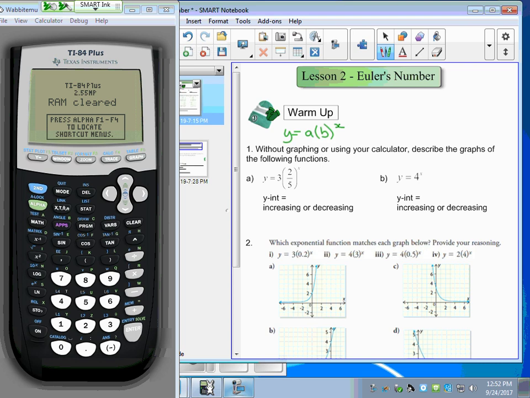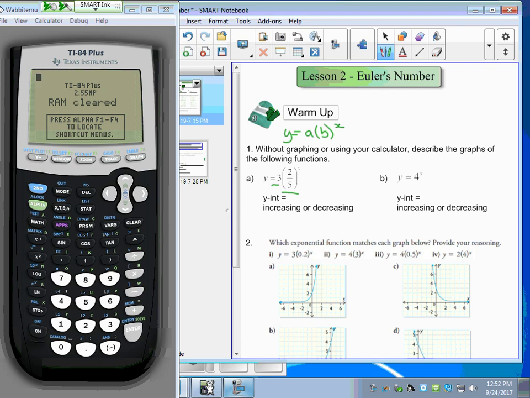So the 3 here is in the a position, the 2 over 5 is in the b position, and then x is x.